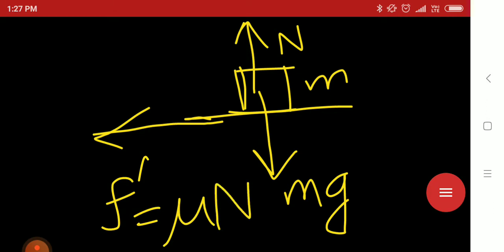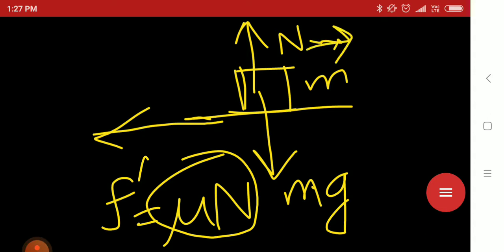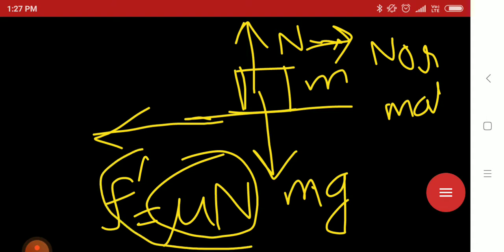Mu into N. That means what? N is the normal force, and normal is always what? Equal and opposite to the mg. That is N equals mg. So frictional force equals what? F equals mu, here mu by 2 N.